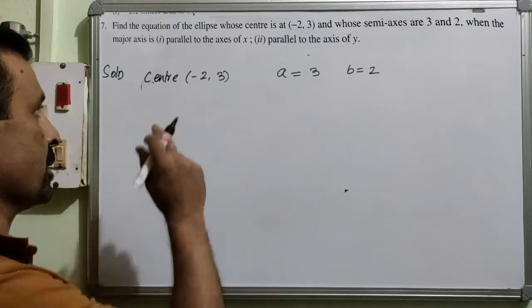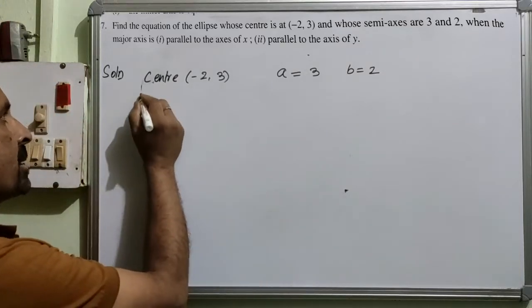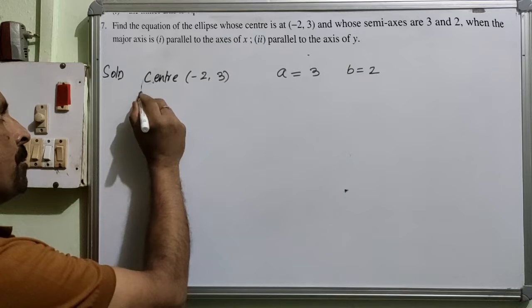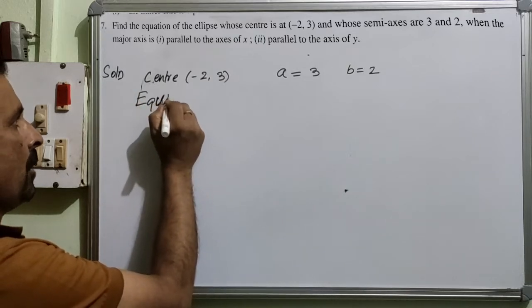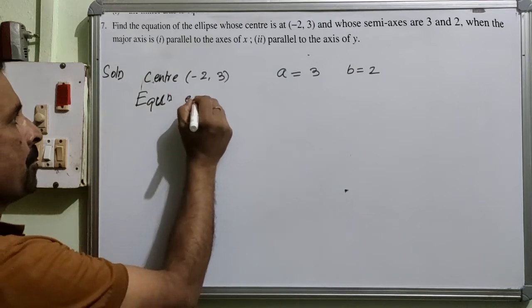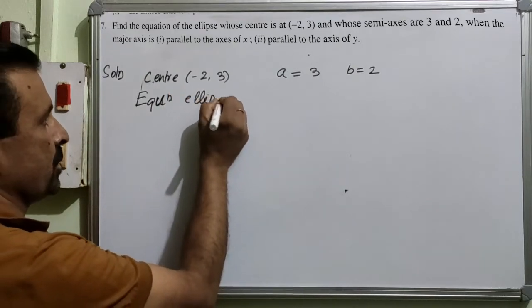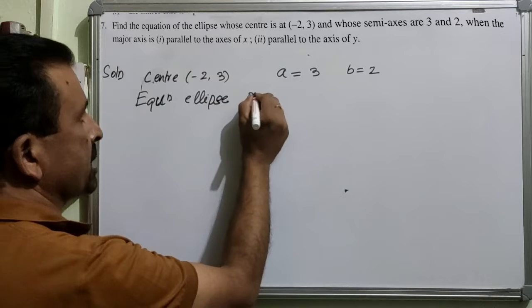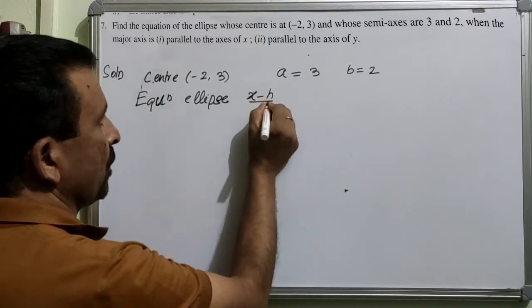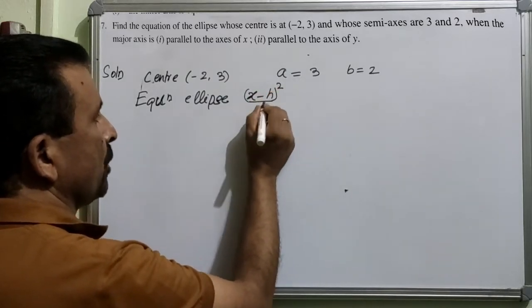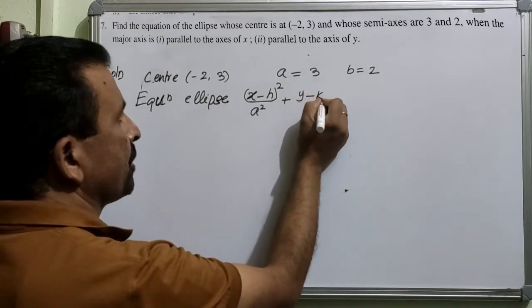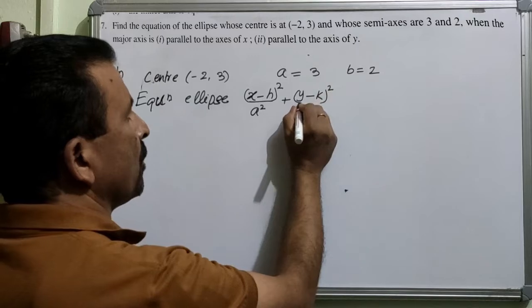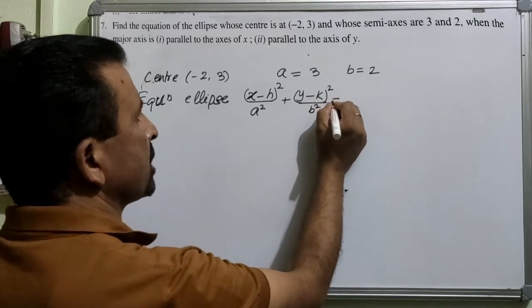This means the equation of this ellipse we can write as x minus h whole square over a square plus y minus k whole square over b square equals 1.